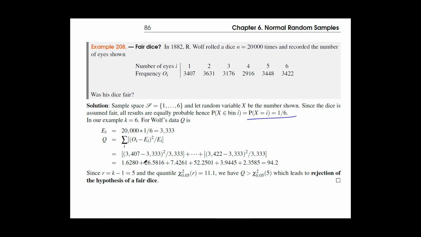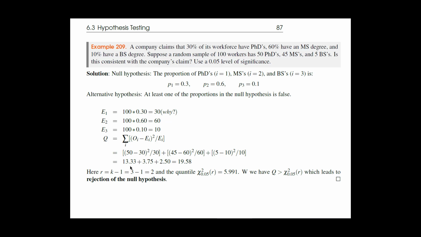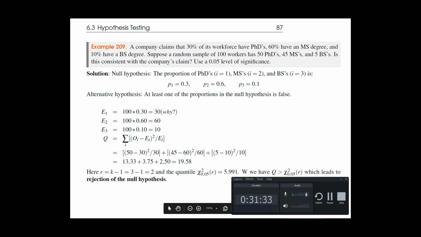So that's why in the degrees of freedom, it's k minus 1 minus 0 parameters, really, right? That's why. So that's the only difference here. All right. Yeah, and then we have this one, also very simple. So please do these, and then we'll talk in class.